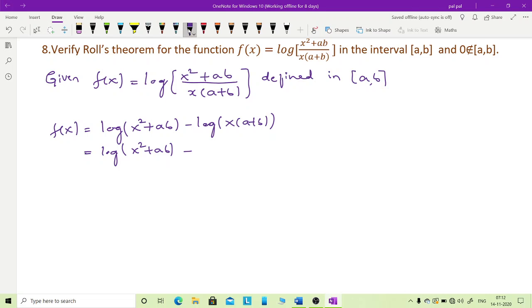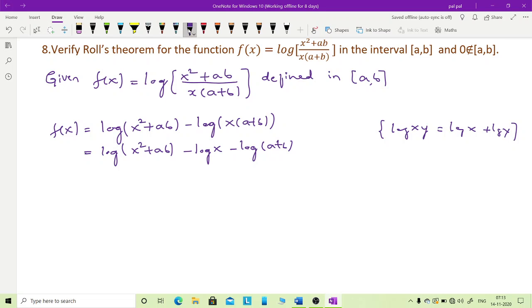So since minus is there, if you multiply that with minus, it becomes minus log x minus log of (a plus b). So where ab was, there is now x and a plus b. If you expand this, it is log x minus log of (a plus b). This is because log xy can be written as log x plus log y. But since there is a minus, multiplying by minus gives it this way. This is the given function f of x.